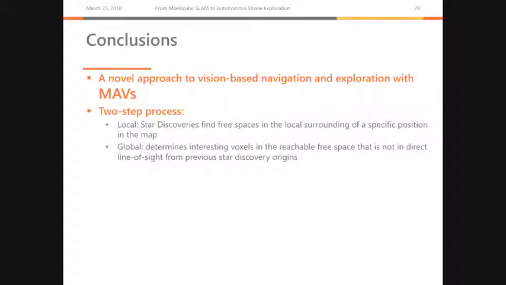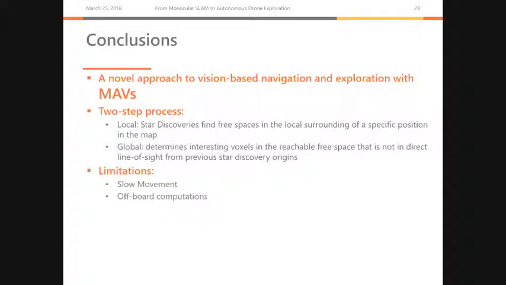The first is local discovery, where they perform a star discovery based on what they calculated for the best motion direction. And they do the global exploration by considering the interesting voxels.